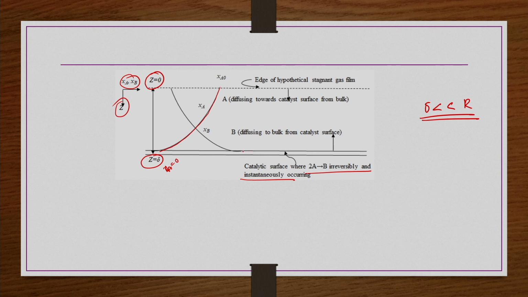And then B is forming on the catalyst surface because immediately the reaction is taking place, immediately A is being converted into B by the dimerization equation. So, it has a profile with maximum concentration on the surface at Z equals delta, and then it diffuses back to the bulk from Z equals delta to Z equals 0.